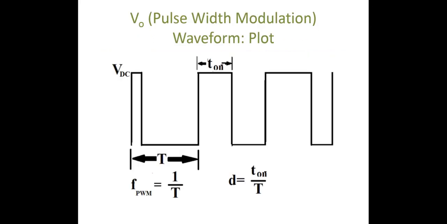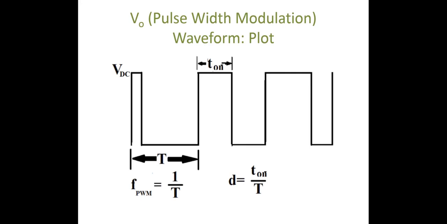Now this is how the waveform of V naught will look like. And if you can notice, it is simply a scaled version of the PWM waveform, which is controlling the transistors T1 and T2.